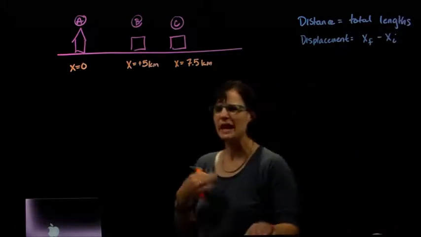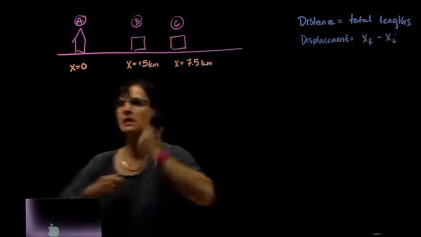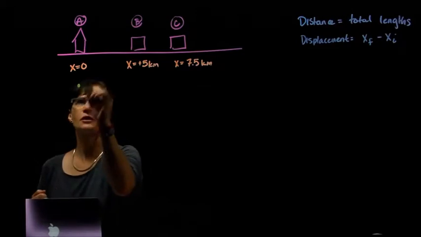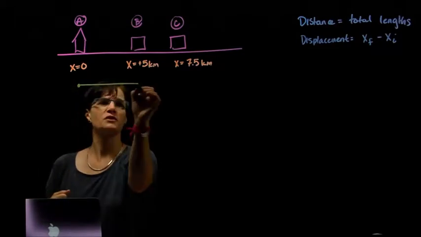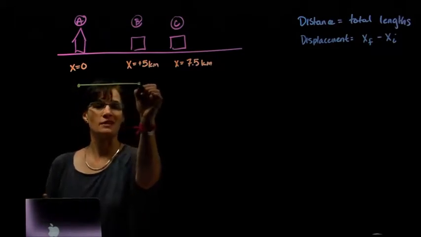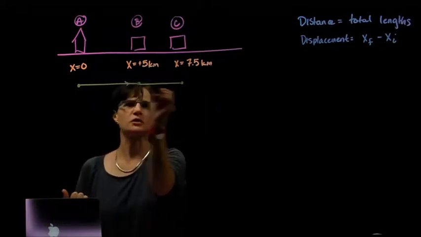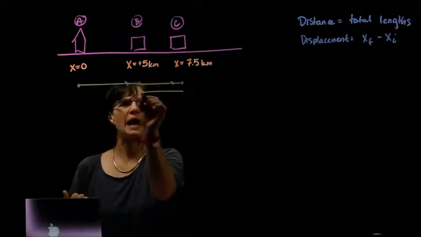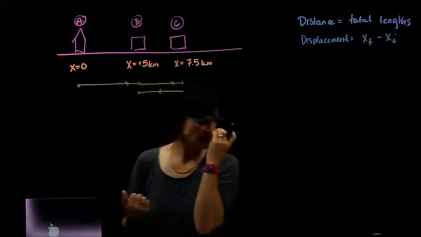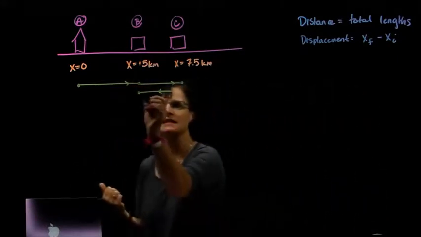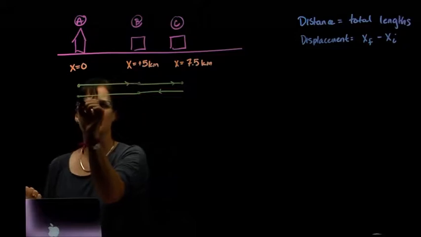Well, let's just remind ourselves what she does. She starts here at her home. She travels to store B, checks out prices. Travels to store C, checks out prices. So she's moving in this direction. Then she goes back to store B to purchase the clothes, and ultimately she heads home.